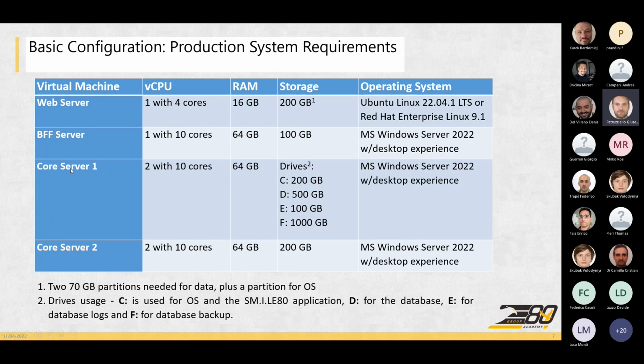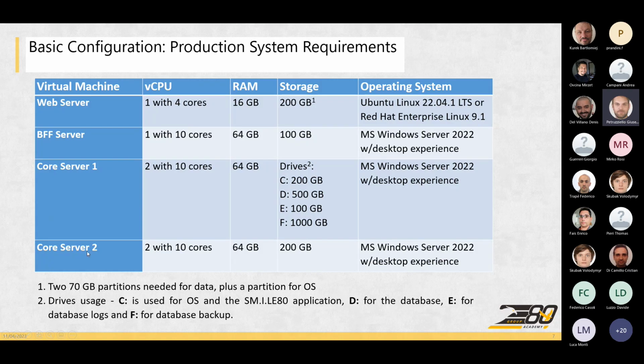And core server 1, where the SQL Server is hosted, has 2 CPUs with 10 cores, 64 gigabytes of RAM, and different drives: C for services, applications and operating system, D for databases, E for database logs, and F for database backups.